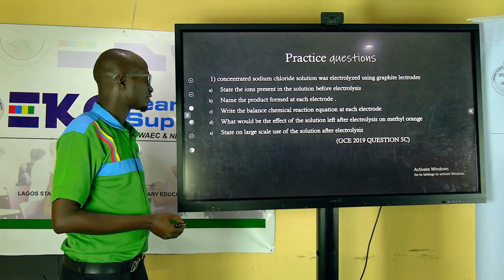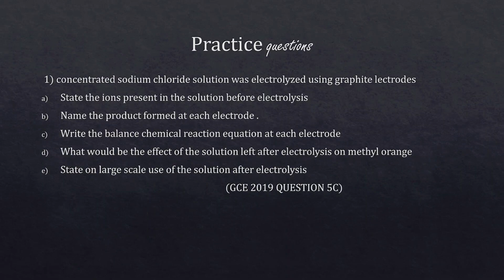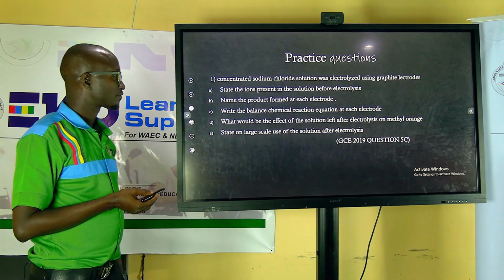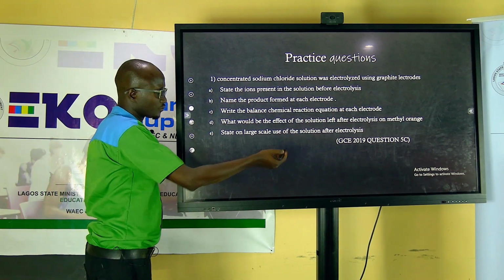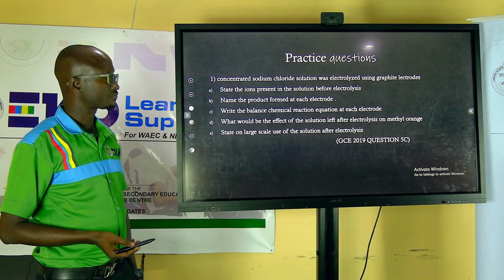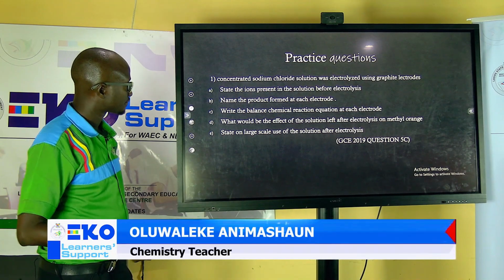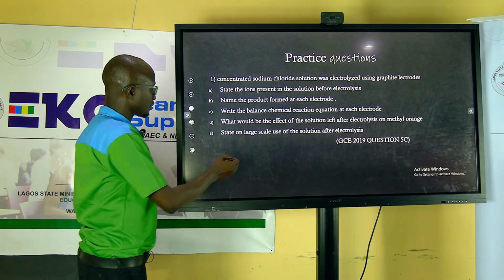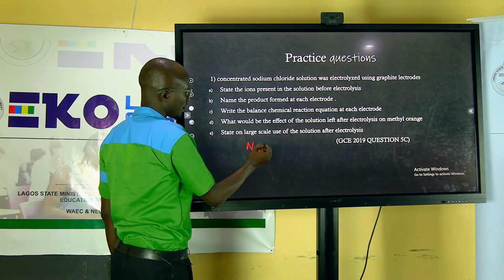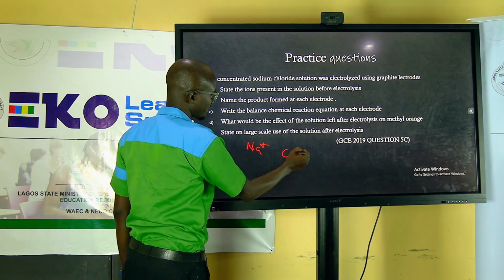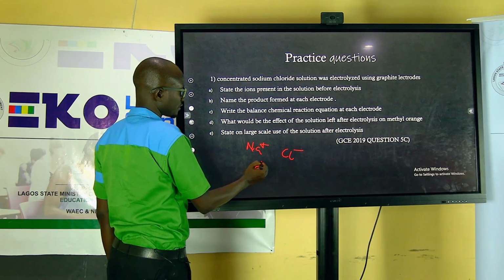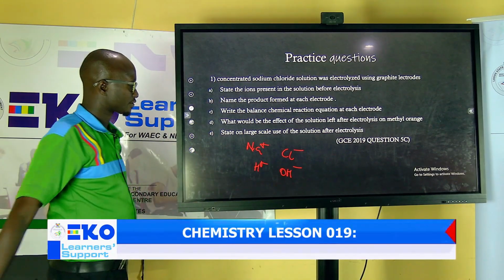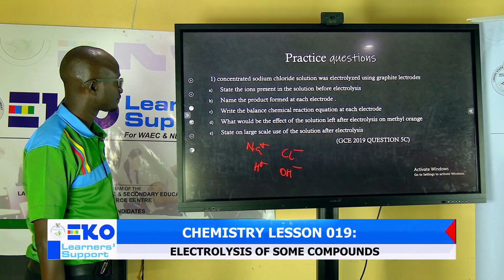The ions present in the solution before electrolysis are what? Very good. As we all know, sodium chloride will dissociate to give you sodium and chloride, and H2O will dissociate to give you H plus and OH minus. So the ions present are these. You are very correct, my wonderful students. So this is what is present before electrolysis.